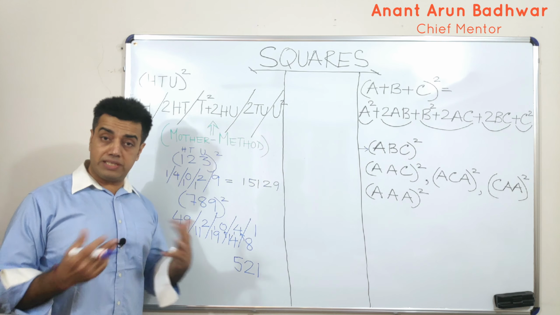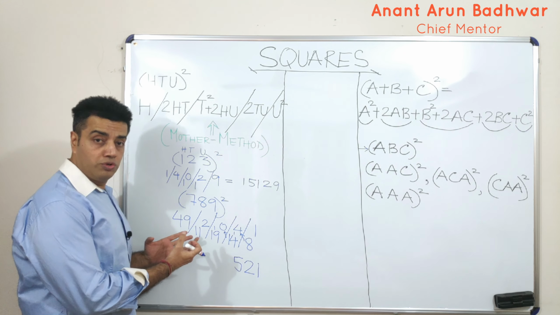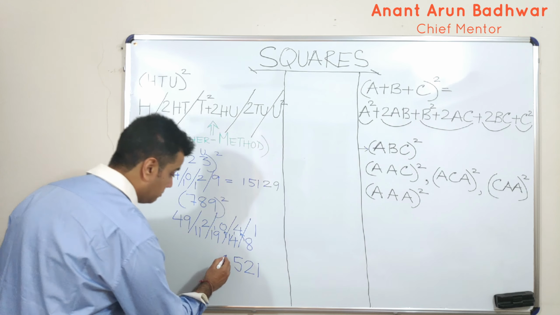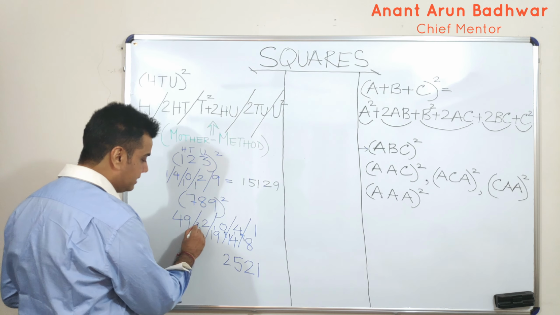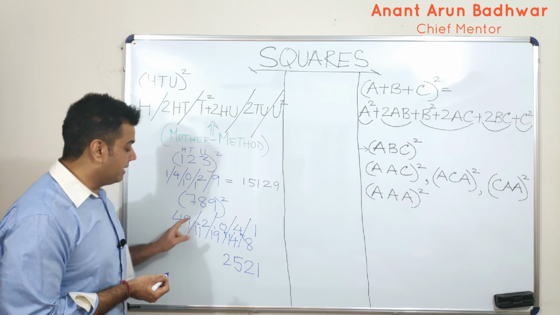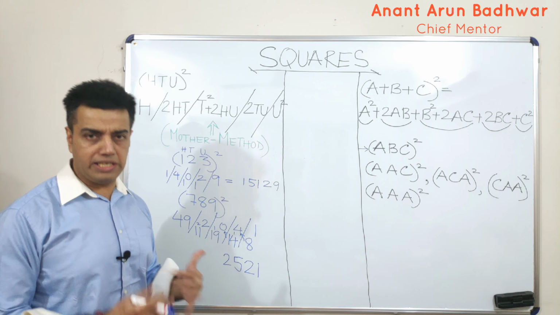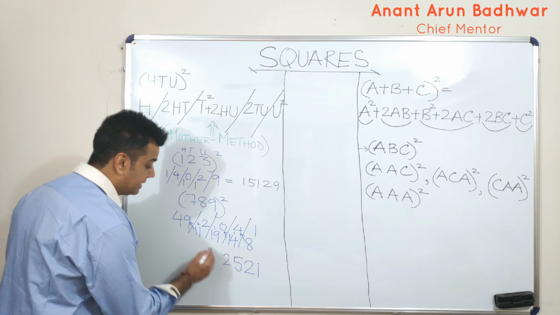So 19 plus 1 is how much? 20, right? So 20 plus 2 makes it how much? 22. Now 22, the units digit is 2, that comes down here, and the tens digit gets added to the next subscript. So 11 plus 2 makes it 13. Now this 13 needs to be added here, which is a 62.